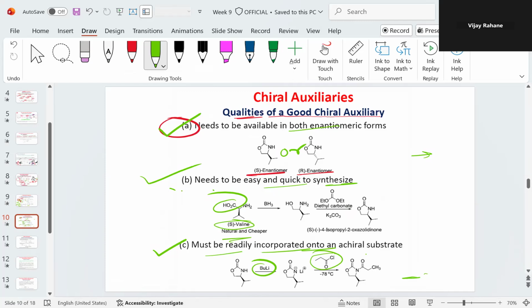This type of chiral auxiliary can easily be added using just a coupling reaction, either an acid-amide coupling or an esterification reaction. So the chiral auxiliary should be readily incorporated onto the substrate.